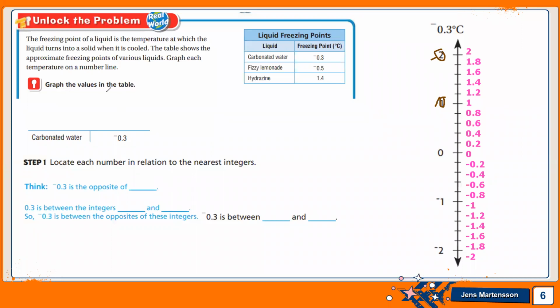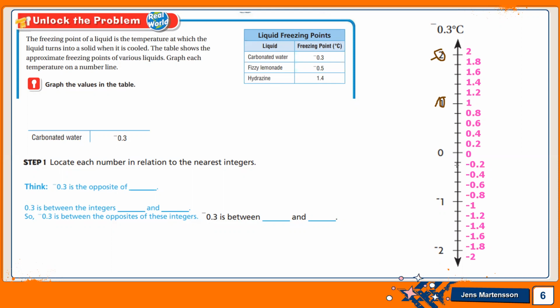Now, where is negative 0.3? How can I represent it? See, it's one by one by one. Stop talking. So here, this is negative 0.3. Where is it? Here is negative 0.2.